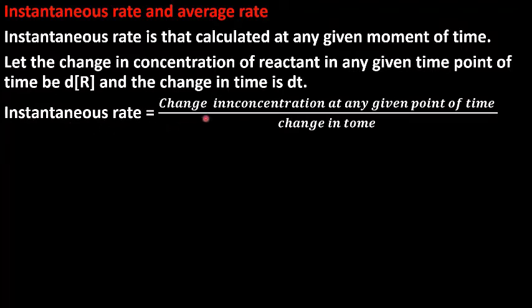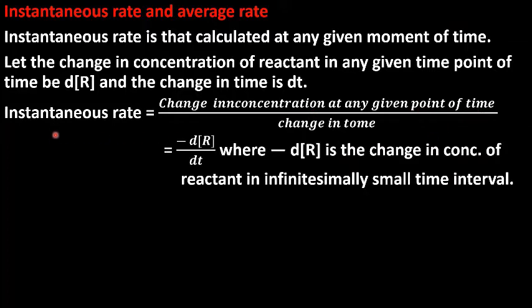Instantaneous rate equals change in concentration at any given point of time. Here change in concentration may be either concentration of reactant or concentration of product. So instantaneous rate is nothing but change in concentration at any given point of time by change in time.